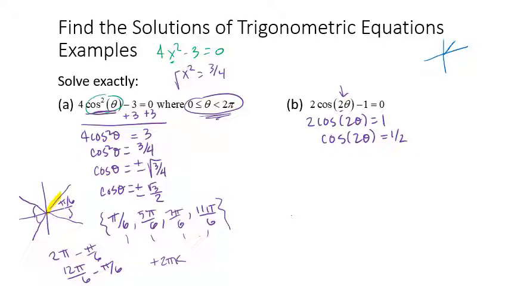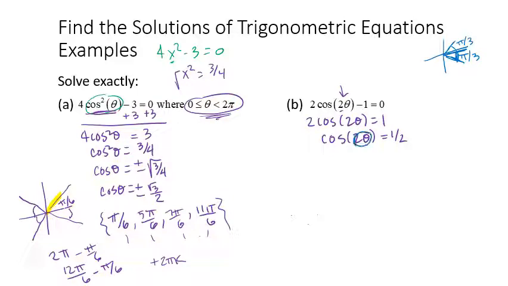And then that's going to happen again at 5 pi/3. Cosine is positive in this quadrant because cosine deals with the x. So using pi/3 as my reference angle, that would be 2 pi minus pi/3, which gives me 5 pi/3.